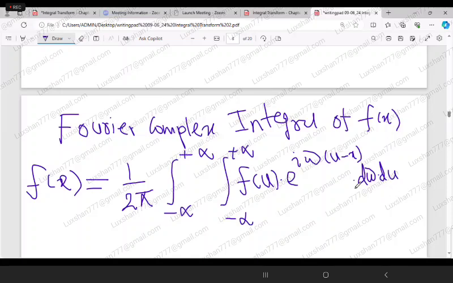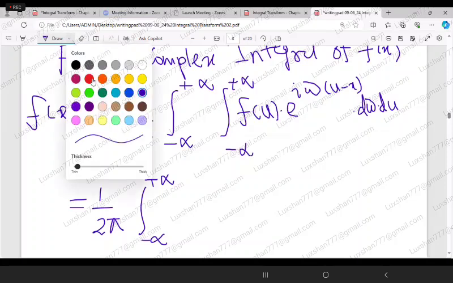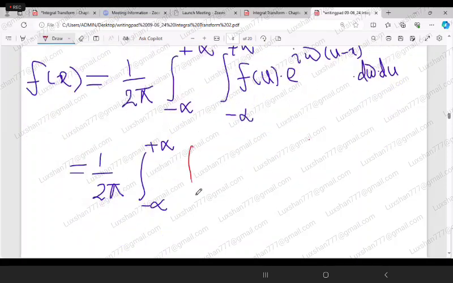Now look at here. I'm just going to write this in another form: 1 over 2 pi, integration from minus infinity to plus infinity. I'm changing the color for some purpose. Then I'm writing minus infinity to plus infinity, f of u.